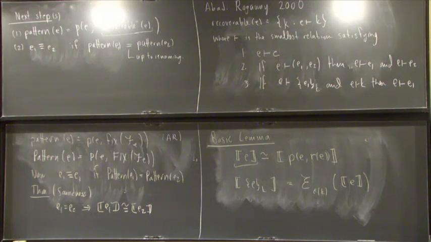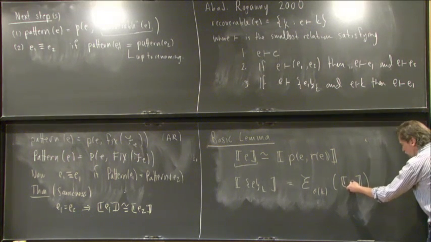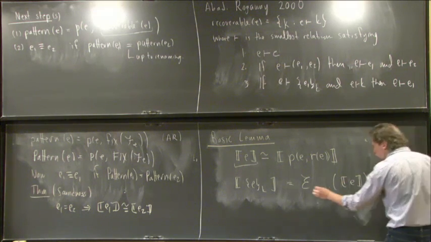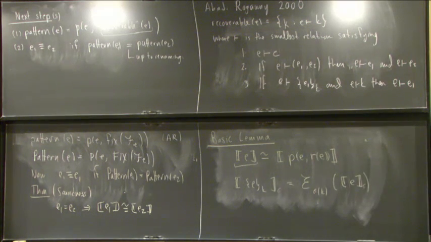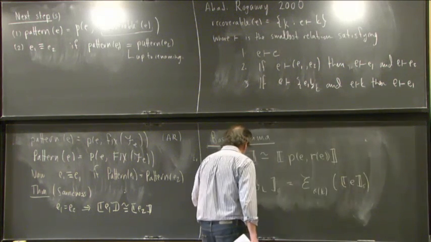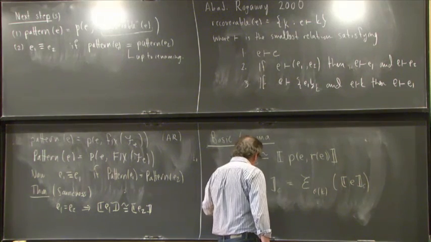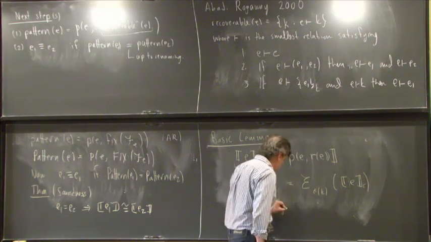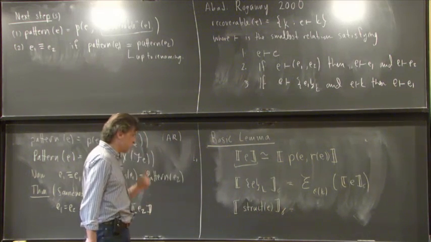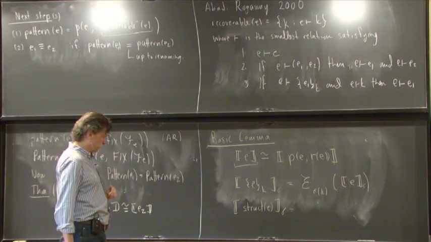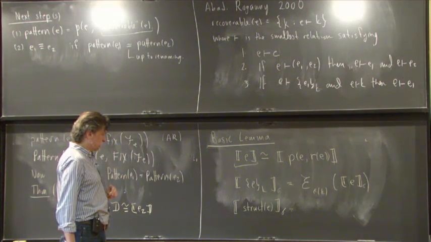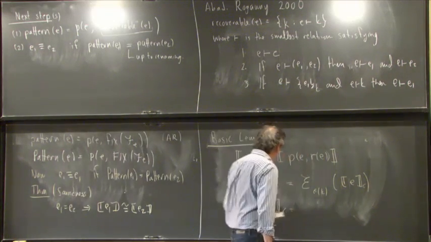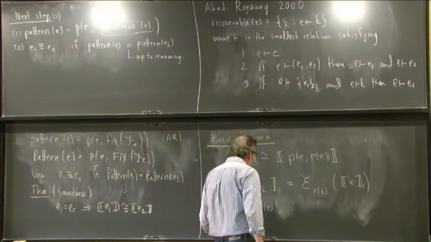And the interpretation of an encryption is this: with respect to this key assignment, we take the interpretation of the inside, and then we encrypt it. What's really important is the interpretation of, let's say, the encryption of a structure.